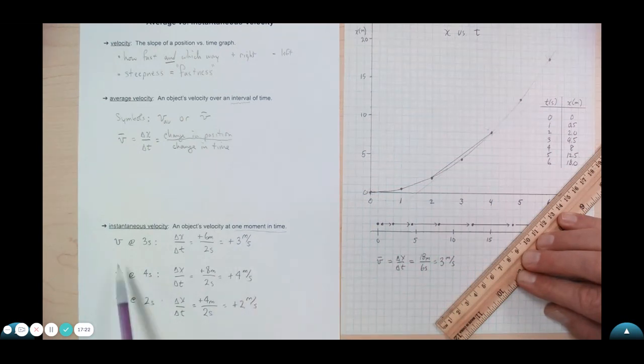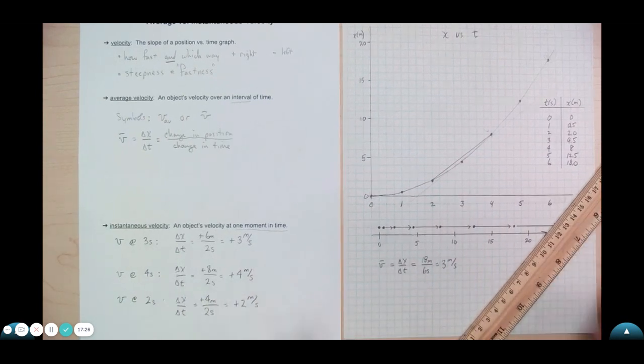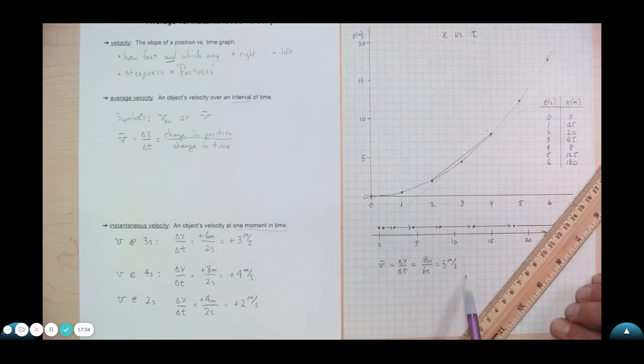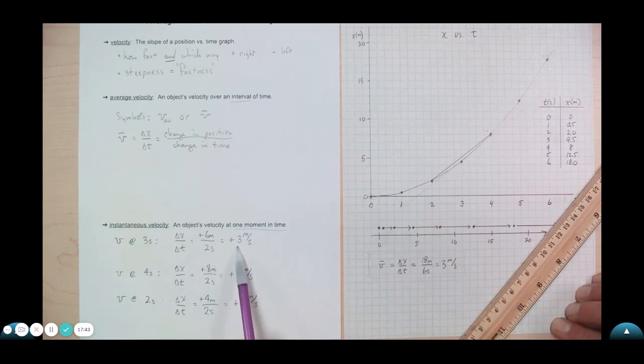Another interesting thing to point out here, when we did the average velocity over the full 6 seconds, it ended up being 3 meters per second. Well, right in the middle of that interval, at 3 seconds, it's going 3 meters per second.